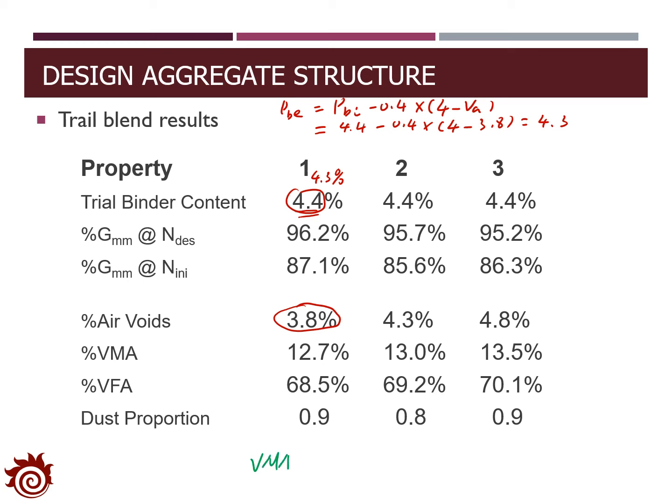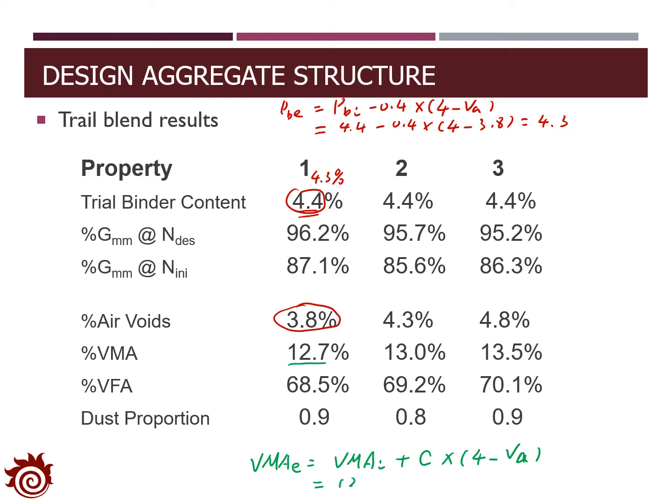And similarly, we can apply the equation VMA equal to VMAI plus C times 4 minus VA. For trial 1, VMAI is 12.7.